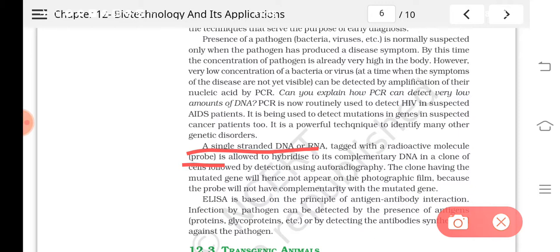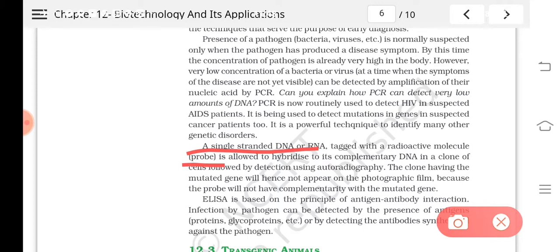So the DNA of the cells which have undergone mutation will not be able to hybridize with the probe which we introduce into the cells grown in the medium. And as they are not hybridized, they cannot be detected using autoradiography. They will not appear on the photographic film of the autoradiography.